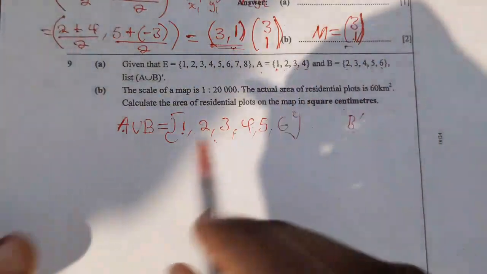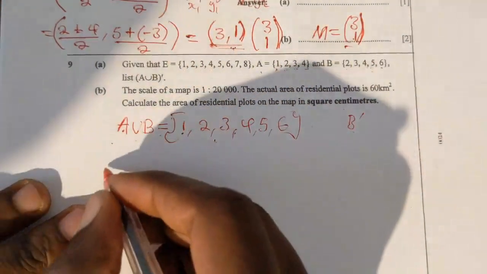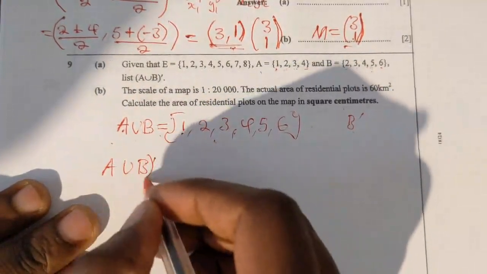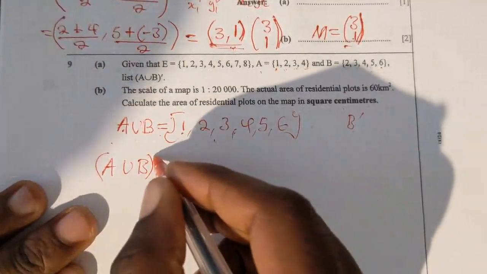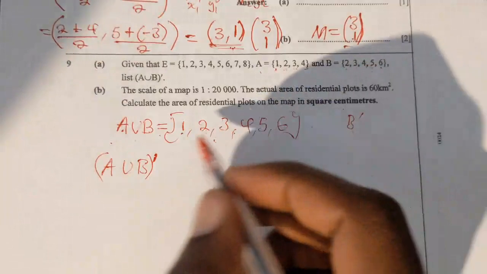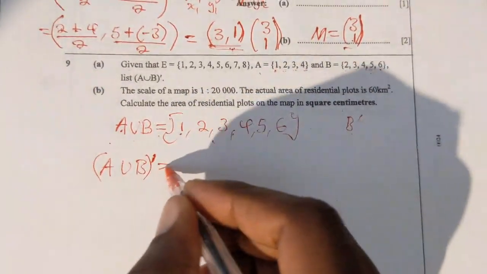So if they say A union B complement, you get only those that are in the universal set except those that are in A union B.